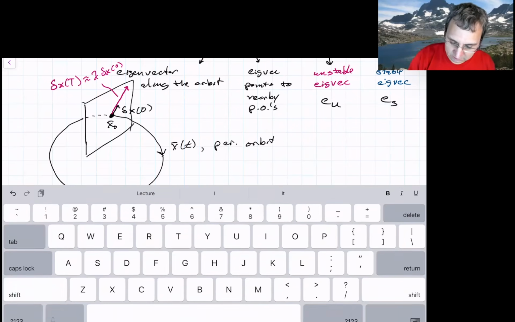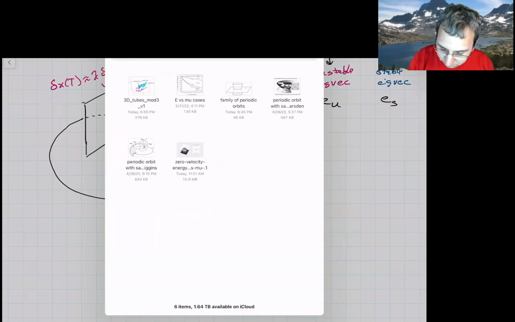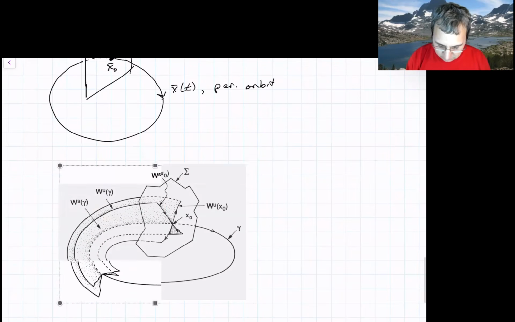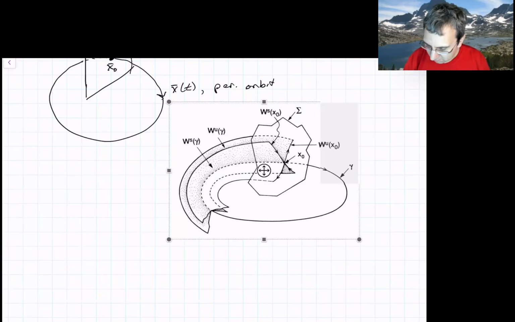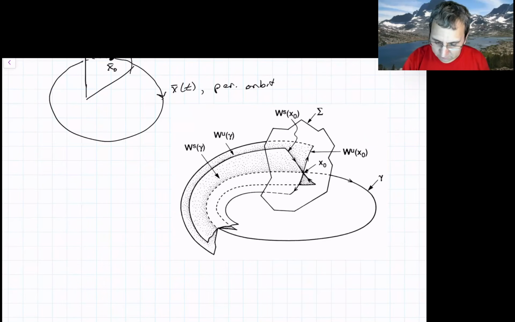There's a couple of other nice illustrations that might help with this. This is from a book by Steve Wiggins, so he's depicting the same thing. There's a periodic orbit here, and these things that he calls W are just like the continuous version of the stable and unstable directions along the periodic orbit.